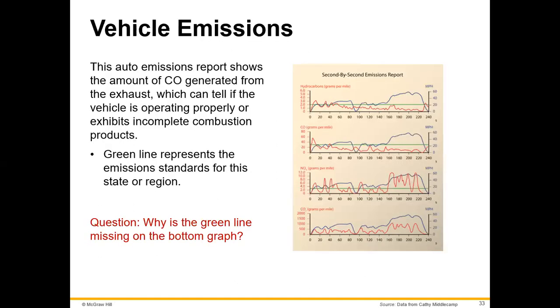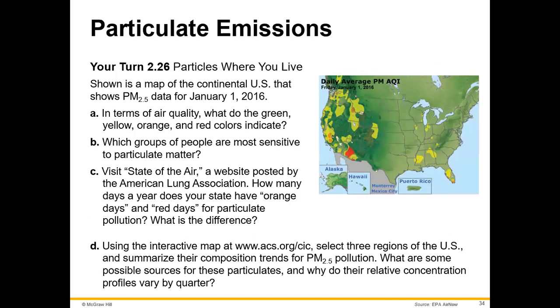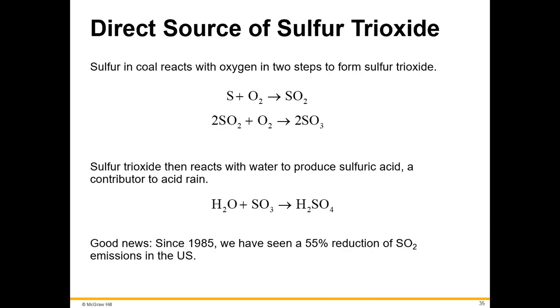All right, let's get back to our environmental chemistry stuff. Those of us who drive, which is pretty much everybody, we produce vehicle emissions, and that comes from the exhaust. You can take a look at this. And the particulate emissions, that's the debris and stuff in the air. Some sources of sulfur in the air, sulfur in coal, when it's burned.